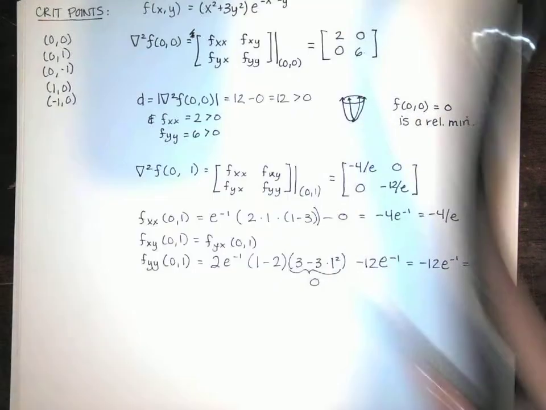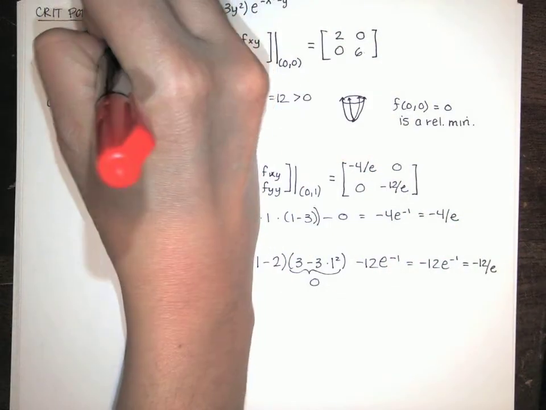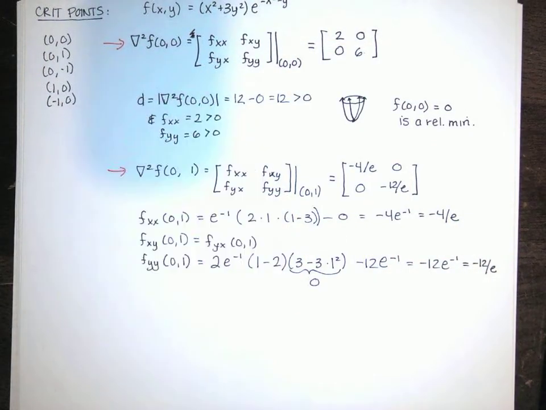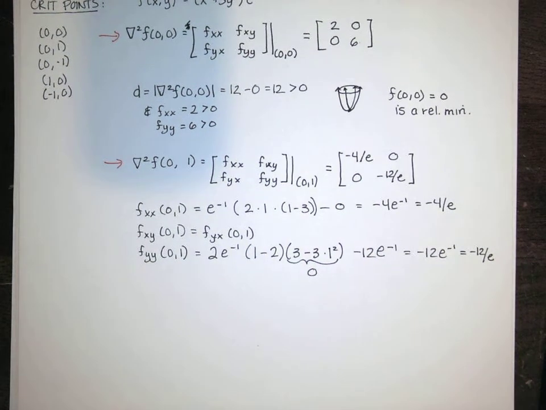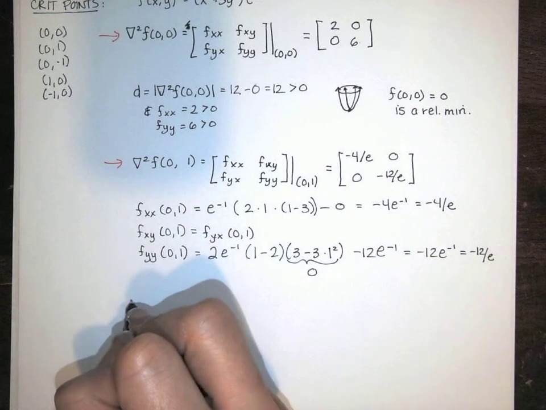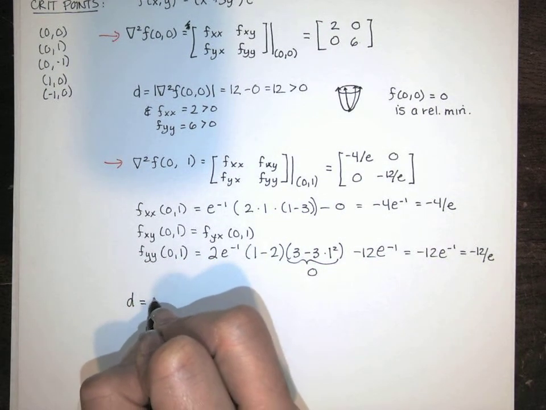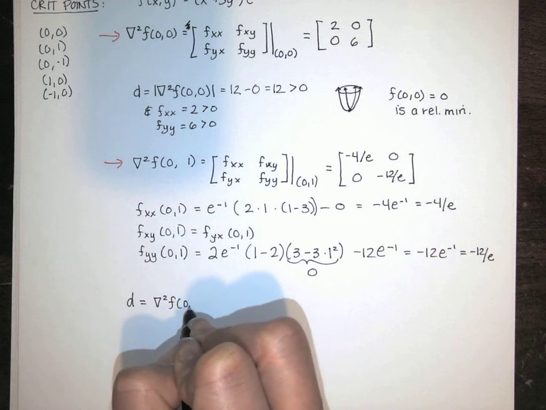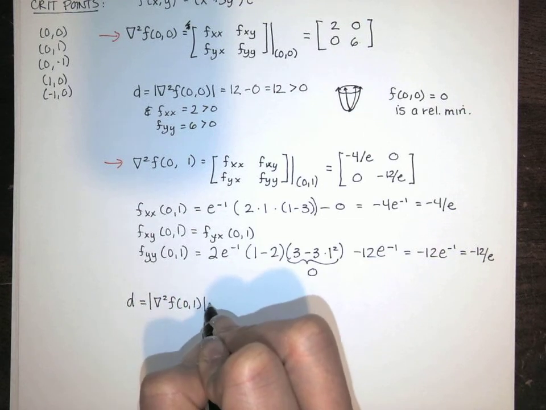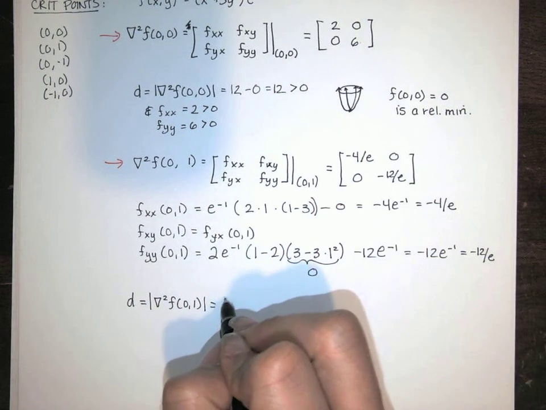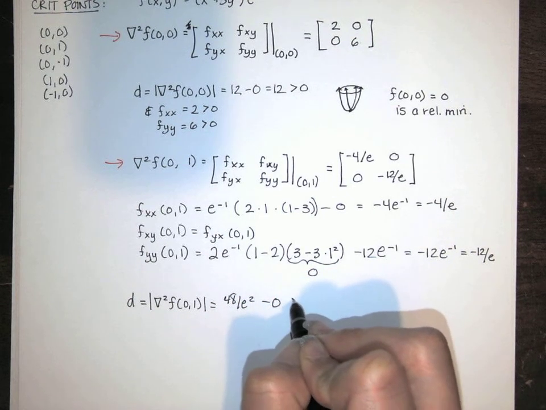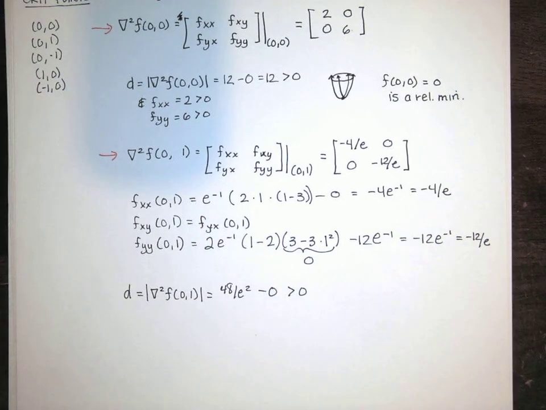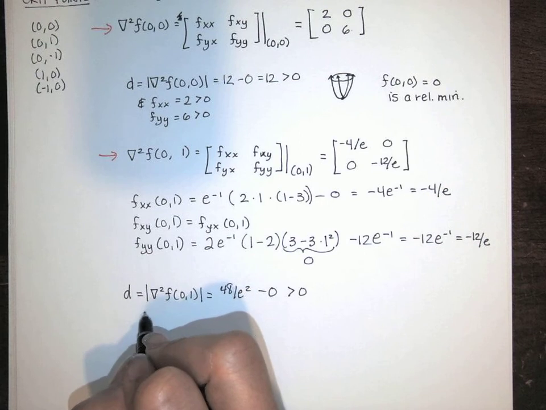Okay, so this is our first critical point, and this is our second critical point. Now we are going to take the determinant of that. Negative times a negative is a positive. So the determinant's positive, so that means we have a min or a max.